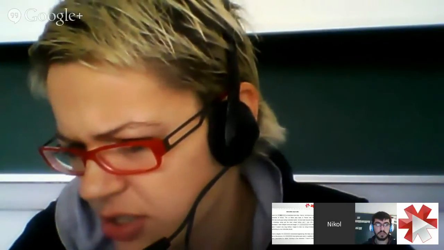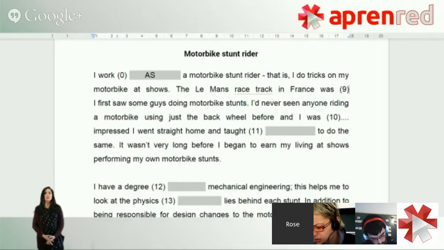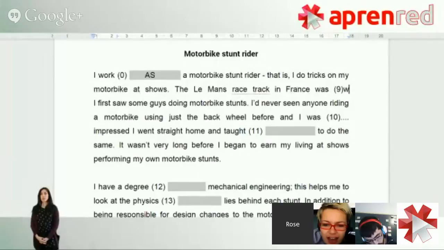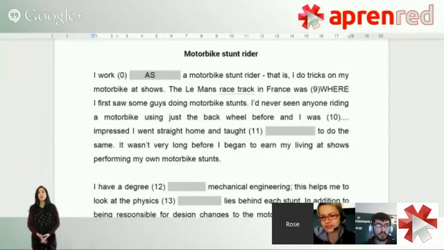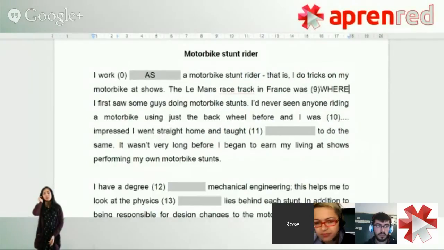Okay, so they are both valid? Yes, actually. The real answer was where, not when. But now that you say it, when would make sense too. So in the exam is it a right answer for them?